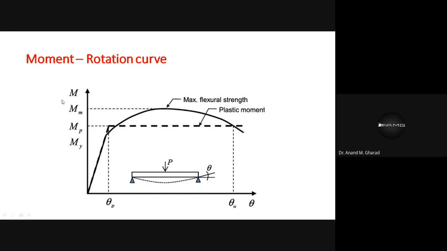So these are the terms which IS 800-2007 has incorporated instead of the stress strain curve. That is the only change. And with respect to this, you can see the rotation associated with the plastic moment. It is known as plastic rotation, defined by theta p, and theta u is the ultimate rotation capacity. Okay, that means at this location, the failure occurs, theta u.